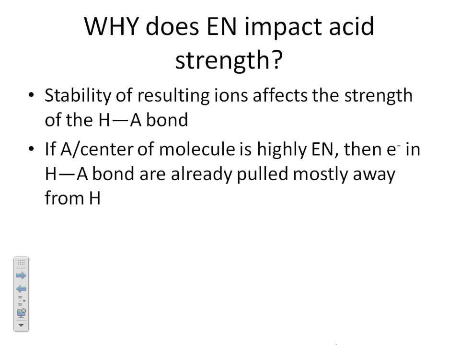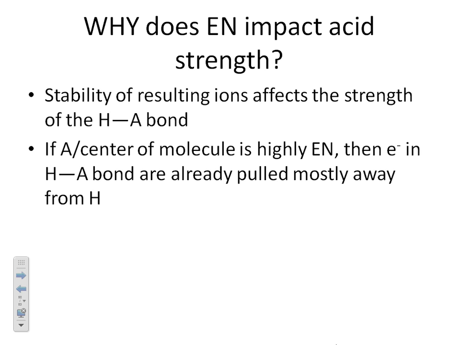If the electrons aren't being shared equally, if one side is really sort of sucking the electrons towards it because it's highly electronegative, we say that bond is getting destabilized, which is a good thing for acids, because the more destabilized the bond, the easier it is to sever the bond and be left with your proton, your H+, and then the rest of your acid, which will be A-, which is now your conjugate base.